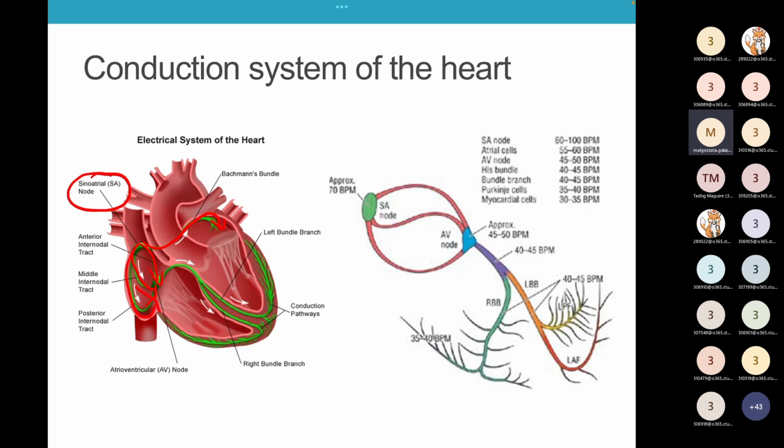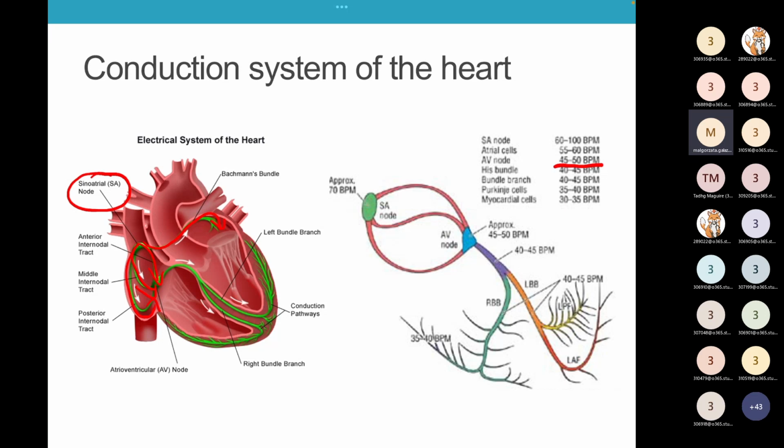The action potential generation by pacemaker cells in the AV node is characterized by reduced frequency. The action potentials are generated, as you can see over here, 45 to 50 action potentials per minute.